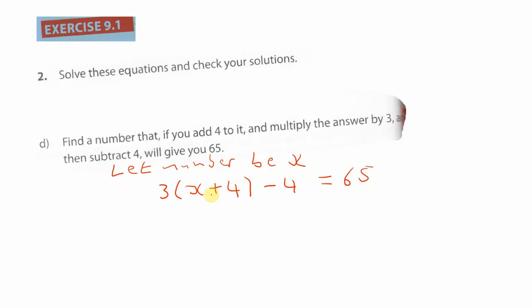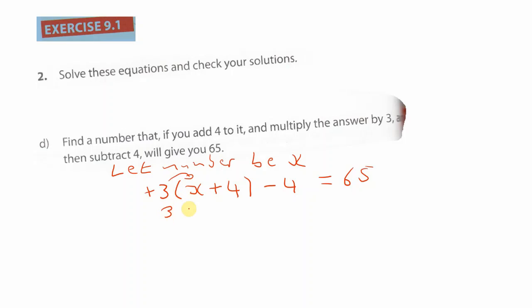Now we see we have brackets. Usually Botma says first focus on brackets. But we have unlike terms, an x and a 4 are not the same. They are different. So we can't add. So therefore we have to use our distributive law, which says take what's in front of the bracket, multiply by the first term in the bracket.